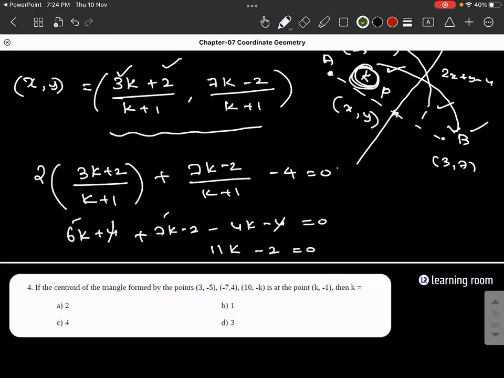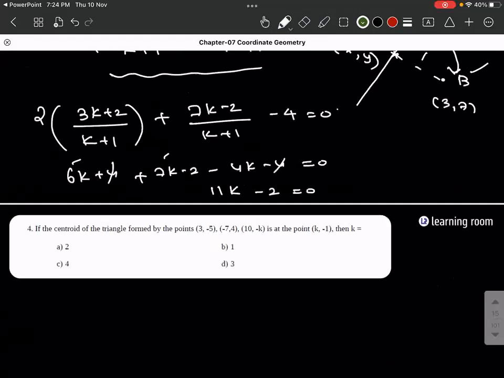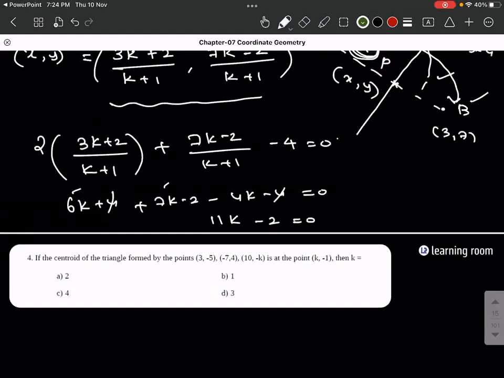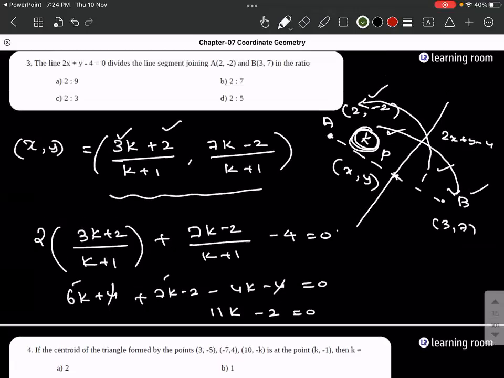I'm getting 2 is to 11, but there is no option. Did I miss something? You missed the k plus 1 denominator, so it should go the other side. No, but that will go as 0. No, I already took the LCM.